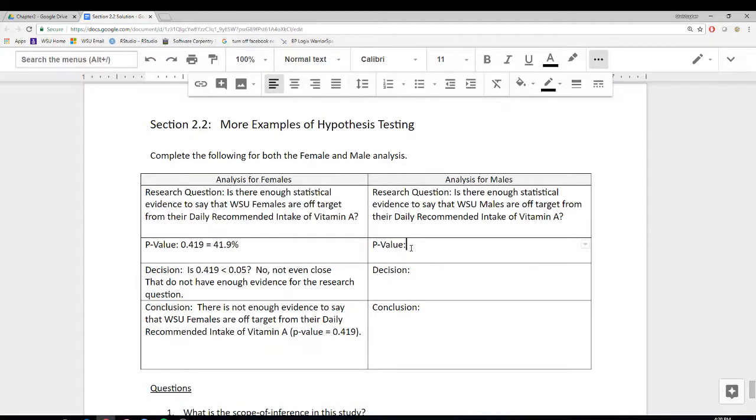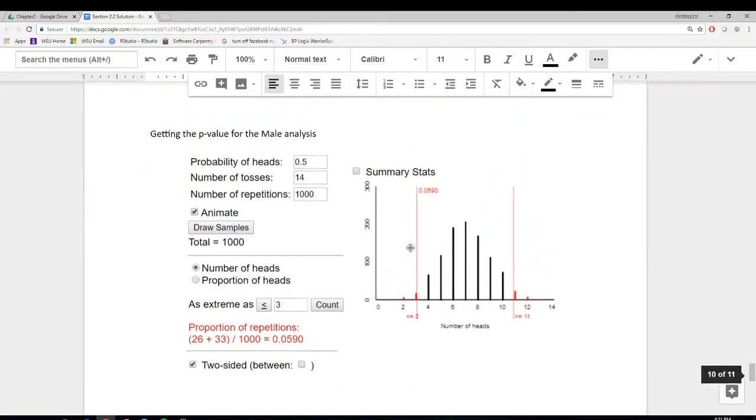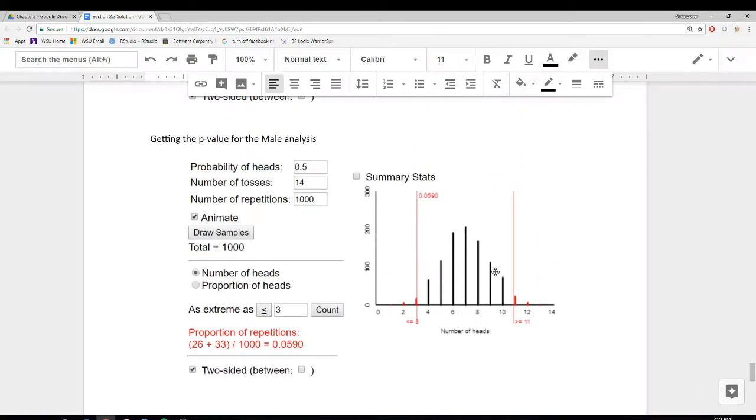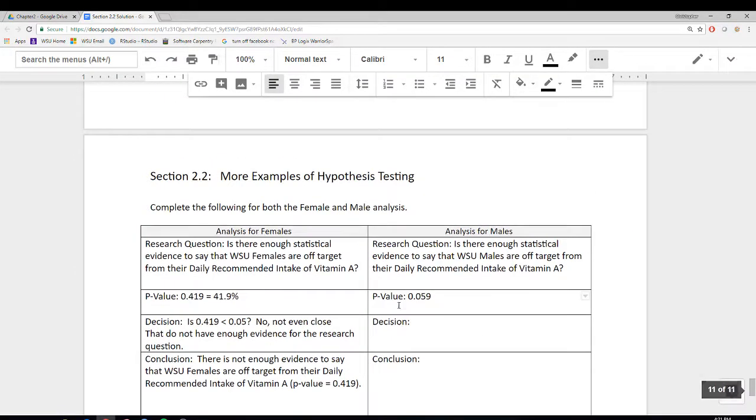The p-value from the males was 0.059. So up here again, from their reference distribution, we have a computed p-value of 0.059. Each of these were based on 1,000 repeated outcomes. Writing this as a percent, it's 5.9%.